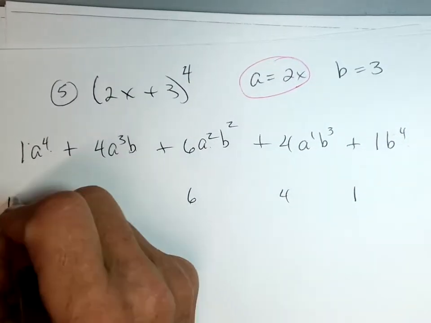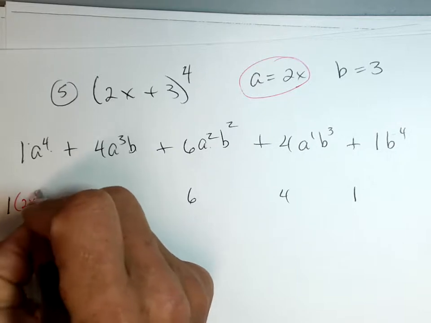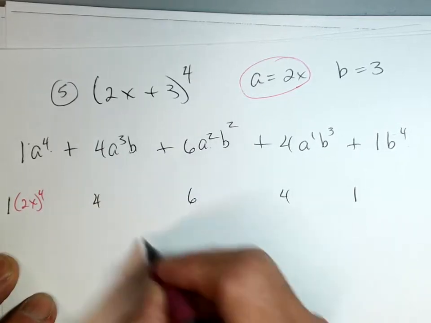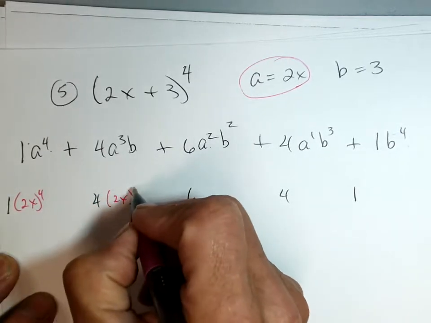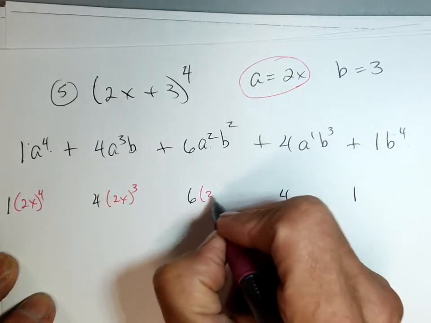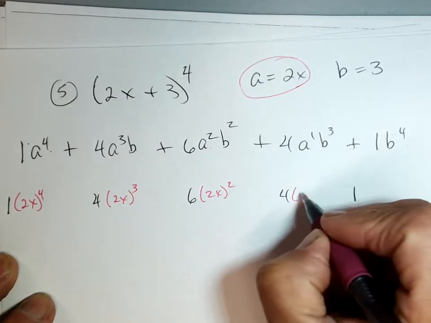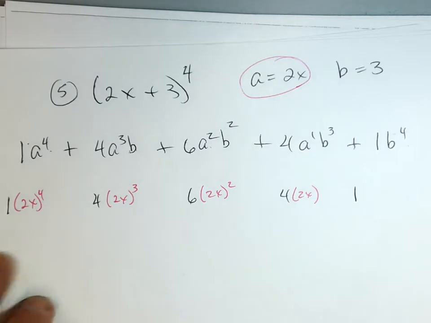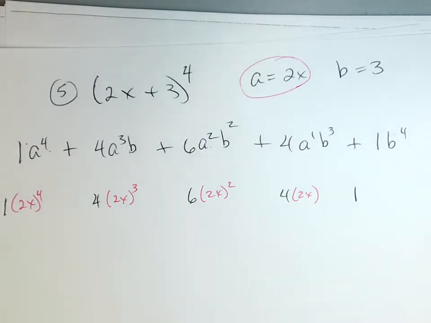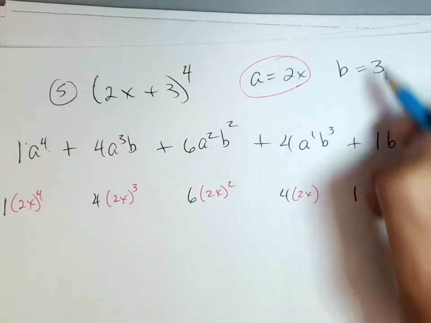So I'm going to go a 2x to the 4th, a 2x to the 3rd, a 2x to the 2nd, a 2x to the 1st, and then no 2x's. And then I'll put my b's in blue.